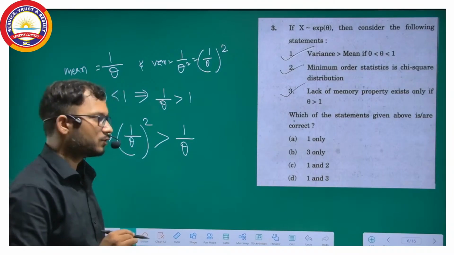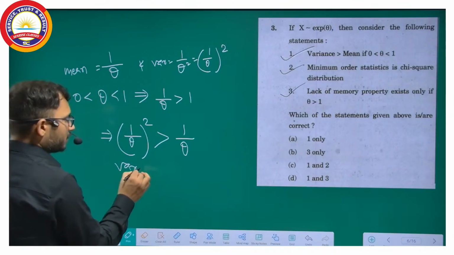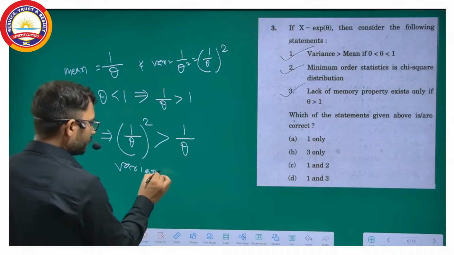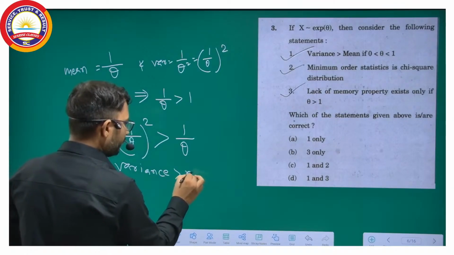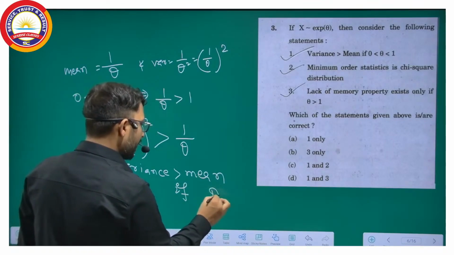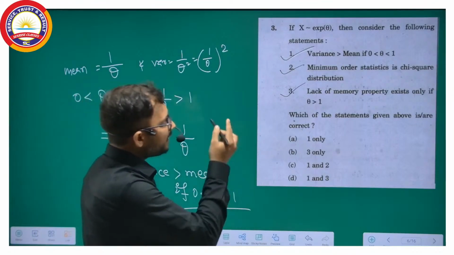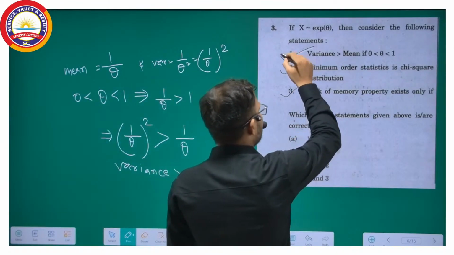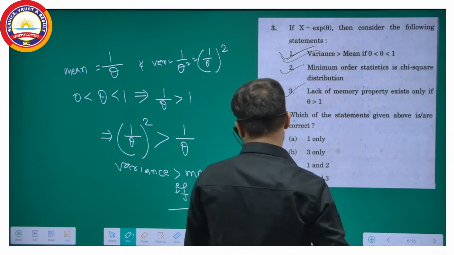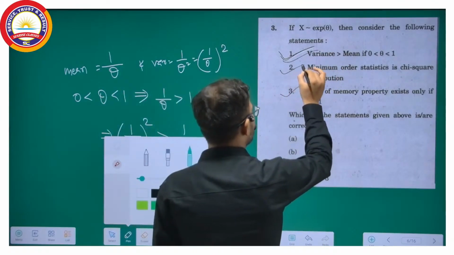Yes, it is so. And that's why obviously variance will be greater than mean if theta lies between 0 to 1 in this particular case. So yes, the first one is correct. But what about second, third and others?